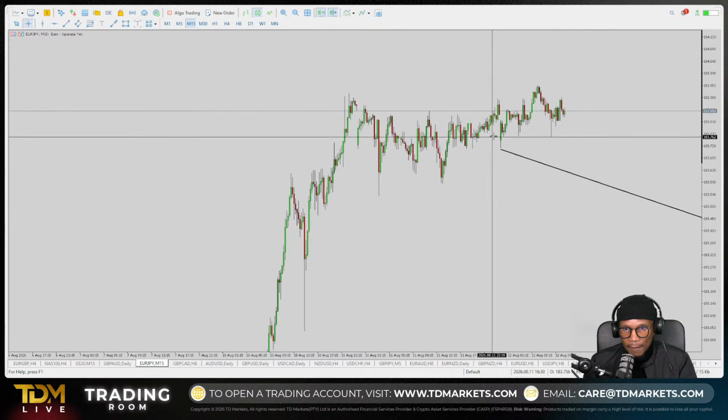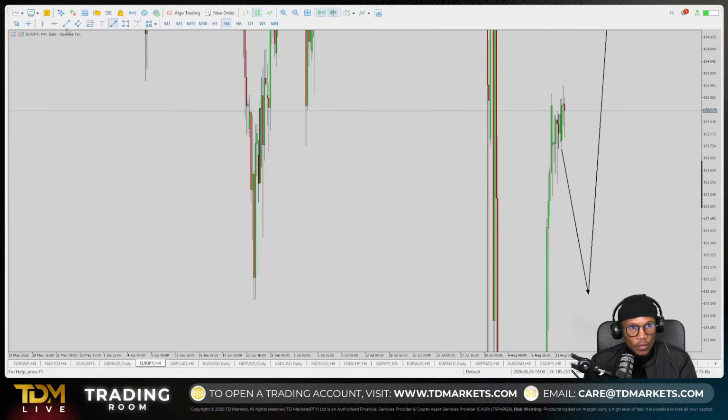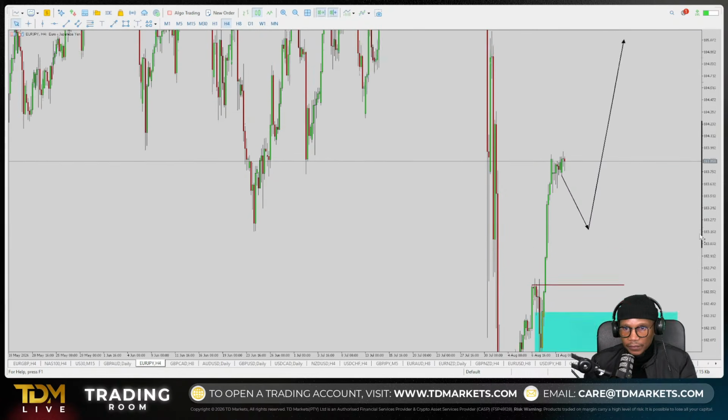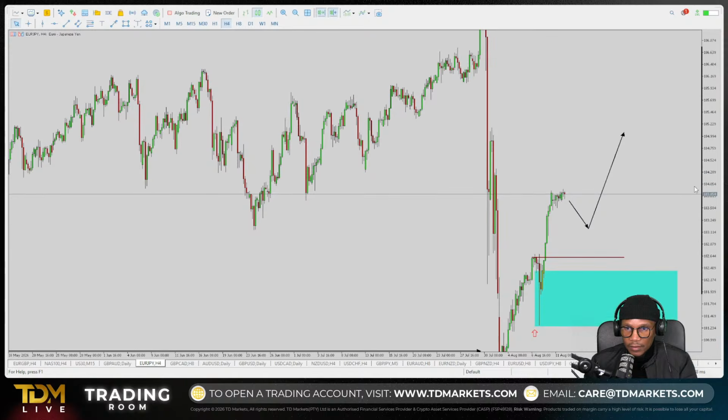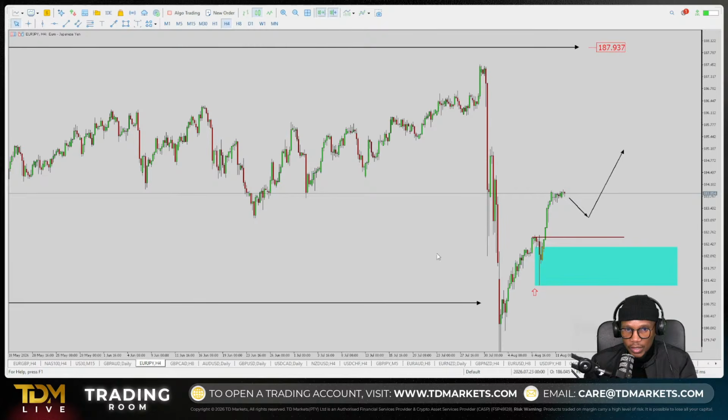I'm simply looking for the continuation. So I'm waiting for the correction to form, and then looking for a continuation up.